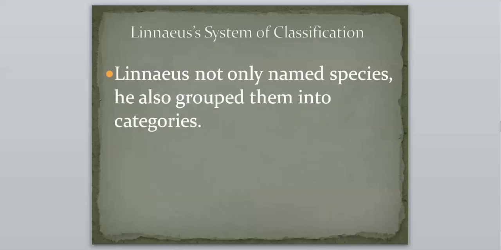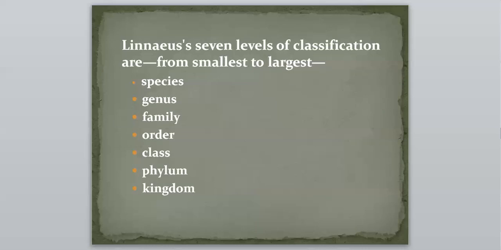So moving on, Linnaeus did not only name species, he also grouped them into categories. We discussed these categories in class, and here they are again. We are going to start this time from smallest to largest: the species, then genus, then family, then order, then class, then phylum, then kingdom. So that is how we're going to group our organisms.